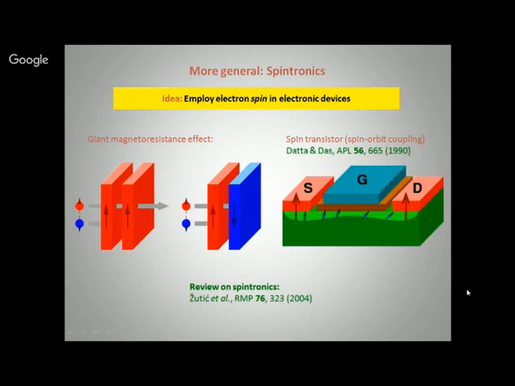Nowadays, we have one more important field coming into the picture, known as spintronics. First of all, what is electronics? Electronics is the science that deals with the motion of the electron. And spintronics is the science which deals with the spin of the electron. I think all of you know that electrons have two types of spin, up spin and down spin.